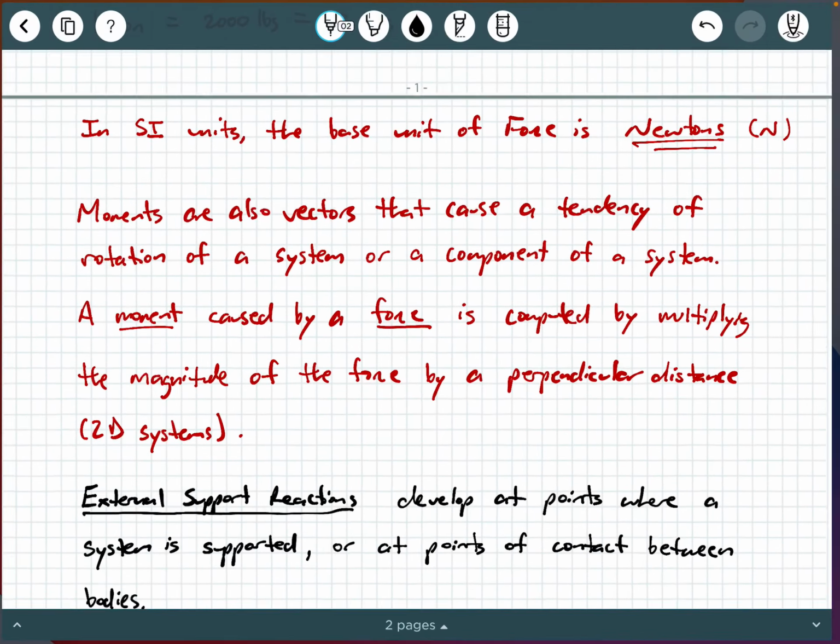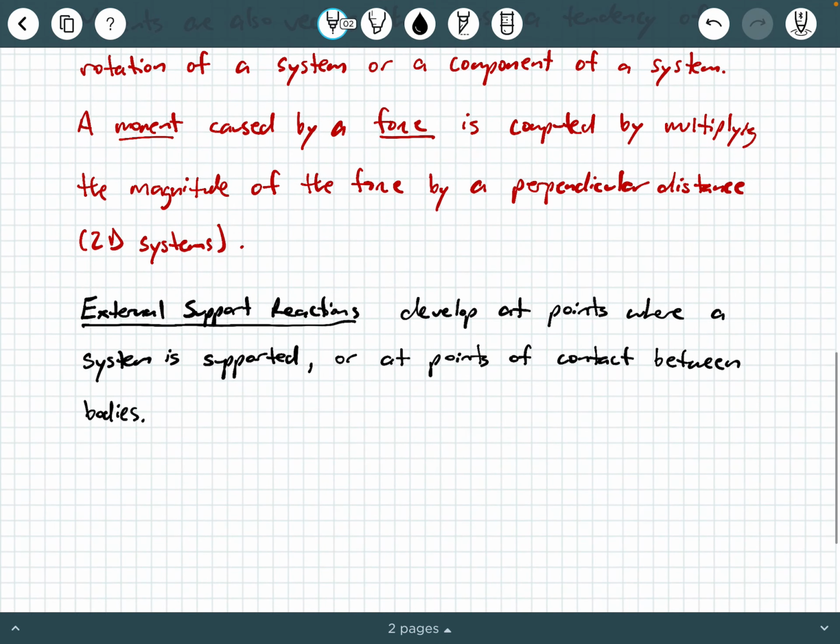So let's go back to our description here, okay? These support reactions develop where a system is supported, okay? So they develop where motion is restrained or prevented. Okay?